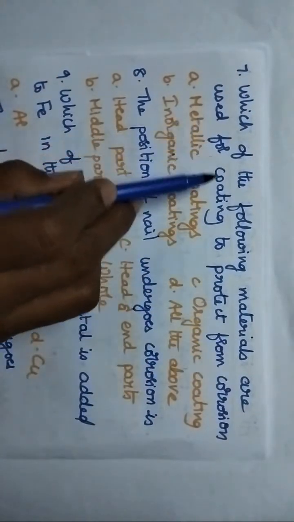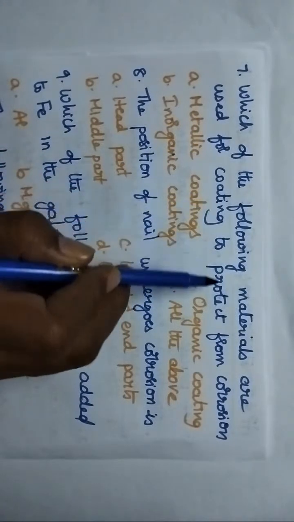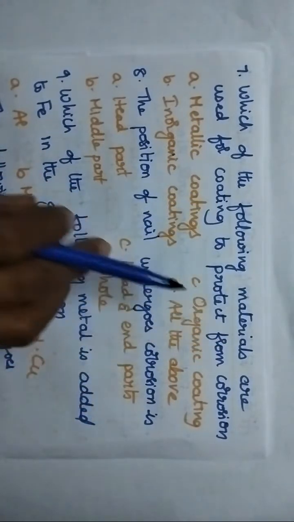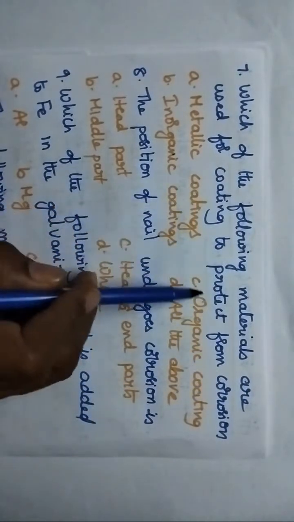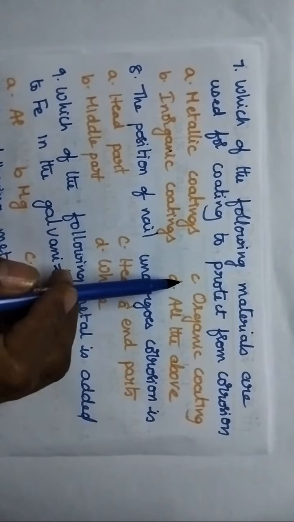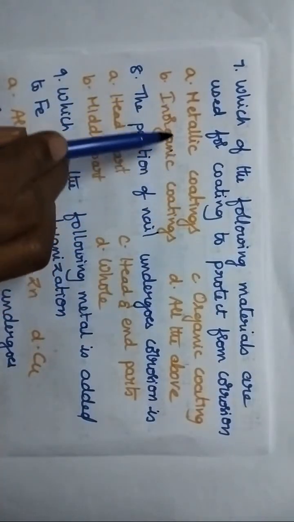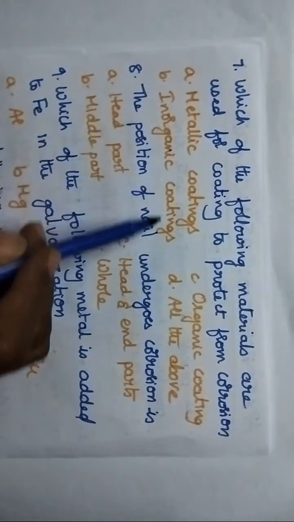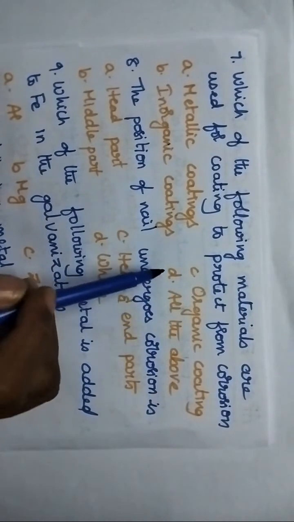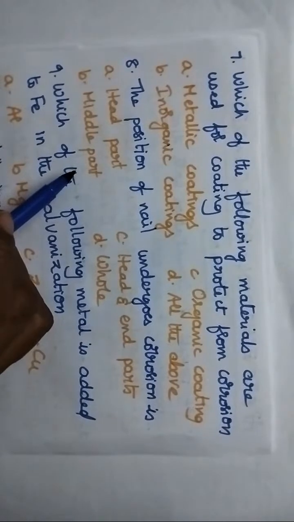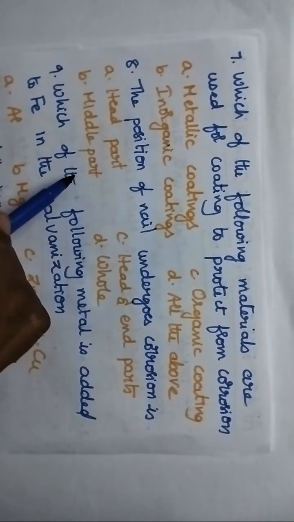Which of the following materials are used for coating to protect from corrosion? In order to protect from corrosion, which of the following methods can we use? Option A, metallic coatings; option B, inorganic coatings; option C, organic coatings; option D, all the above. Charan Sai, very good. Vamsi, very good.